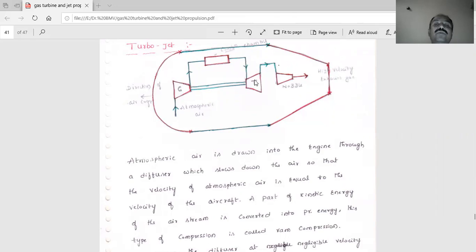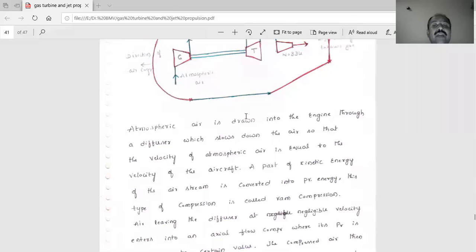Then it is passed to the turbine, where the expansion takes place. That expanded gas is passed through a nozzle, and the high velocity exhaust gas leaves the nozzle to the atmosphere. It gives a thrust force to the jet. In this way the aircraft lifts into the air.